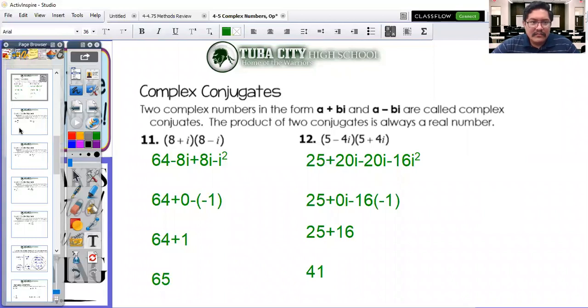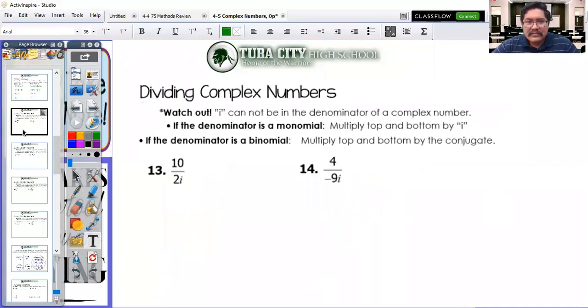Okay, so next one's going to be division. So dividing complex numbers. Now, there's kind of a rule with this one, and that is i cannot be in the denominator of a complex number. What does denominator mean? If you remember fractions, that means the bottom number.